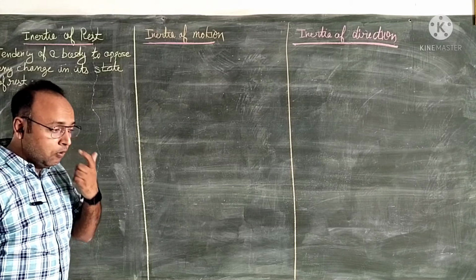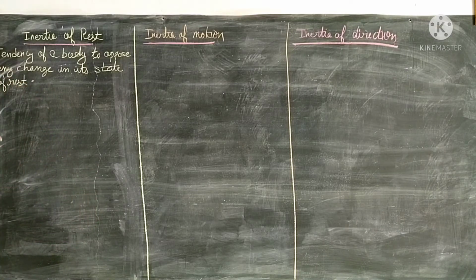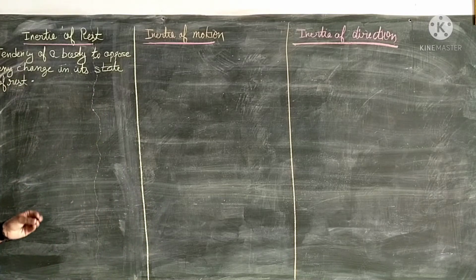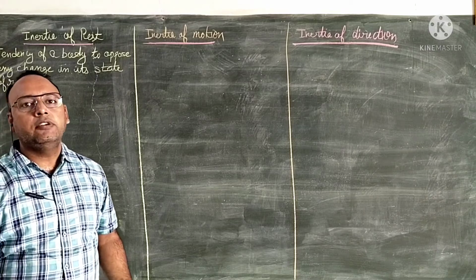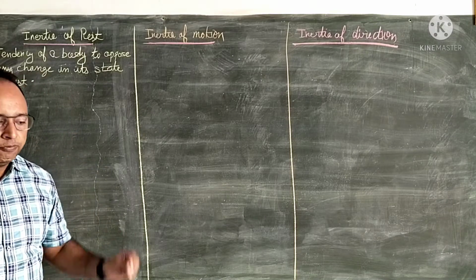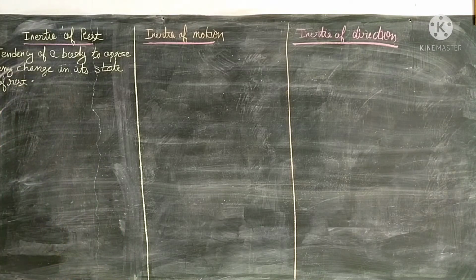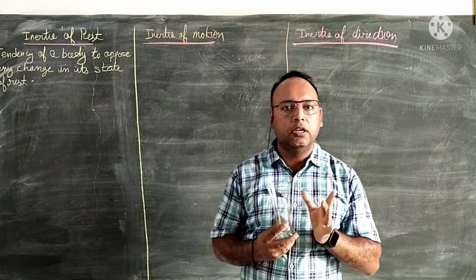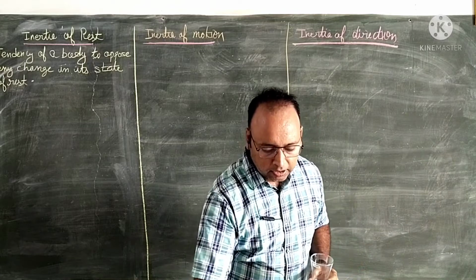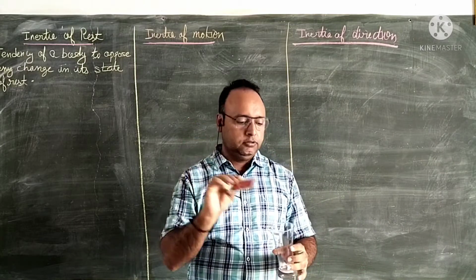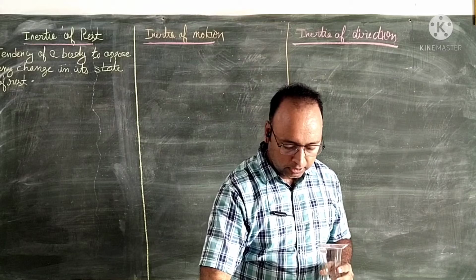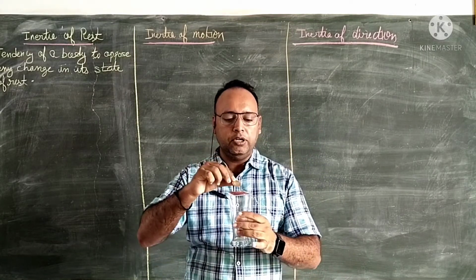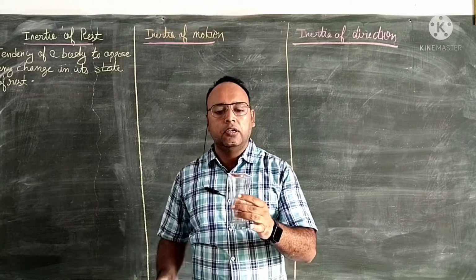A body, if it is at rest, will not change its position. I will explain this with one activity. Here I have an empty glass and a card. I am keeping this card and a 10 rupees coin on that surface.